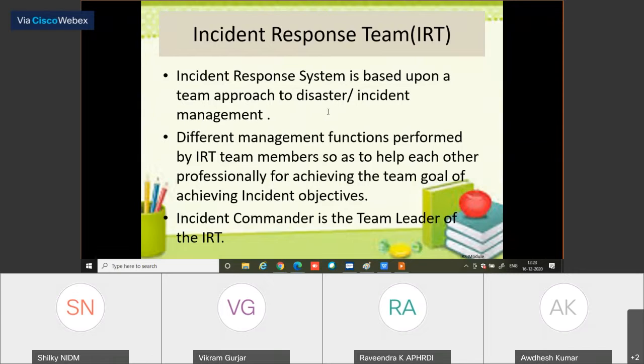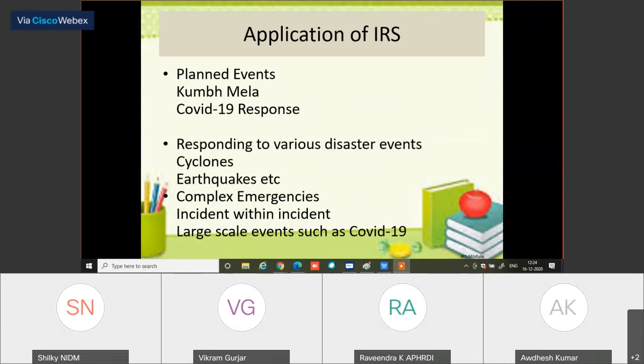And this IRS also involves multi-jurisdictional incidents. But as we all know, there are certain hiccups and problems which we can face while dealing with it. Because India is a vast country, we can have language and cultural differences. We have a shortage of resources as well.